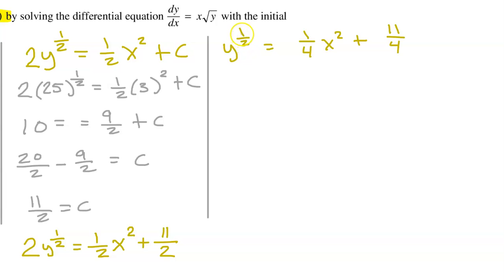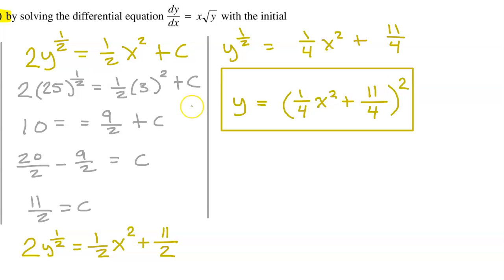Now let's square both sides of the equation to get rid of the 1/2 power. So this will be y is equal to 1/4 x squared plus 11 over 4, whole thing squared. And that's the solution to the differential equation in the form y equals f of x.